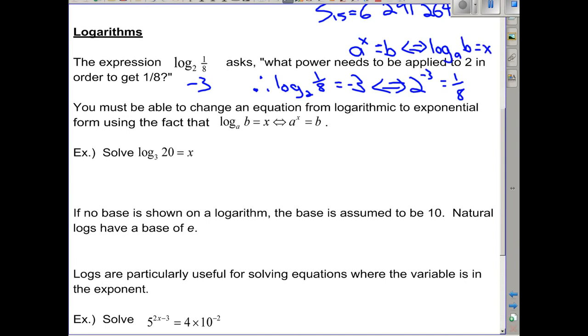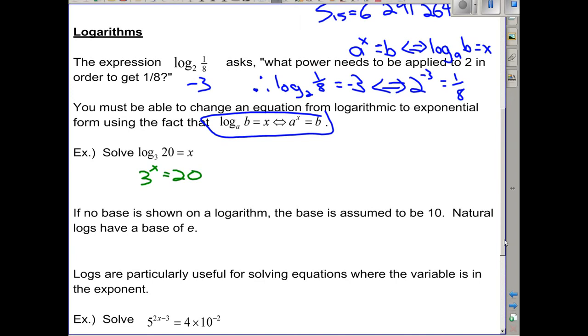You need to be able to change an equation from logarithmic to exponential form, and there I have it written using this fact. So, if I've got log base 3 of 20 equals x, I can convert that into exponential form. The base is 3, the exponent is x, and the result is 20.